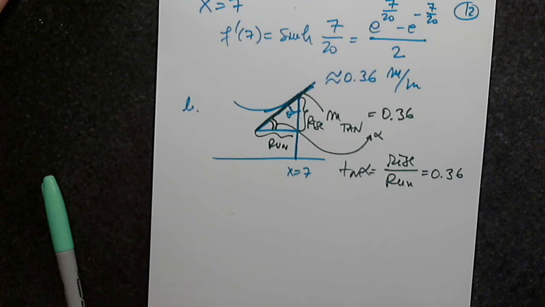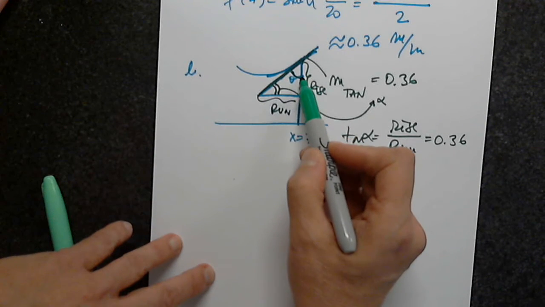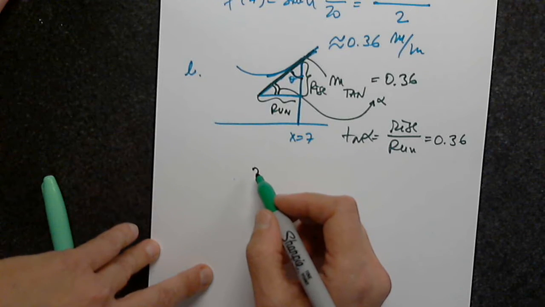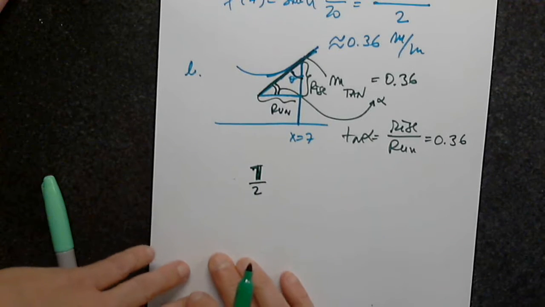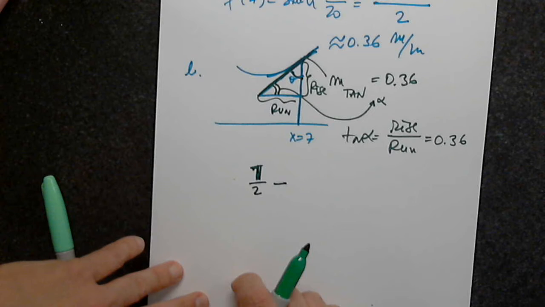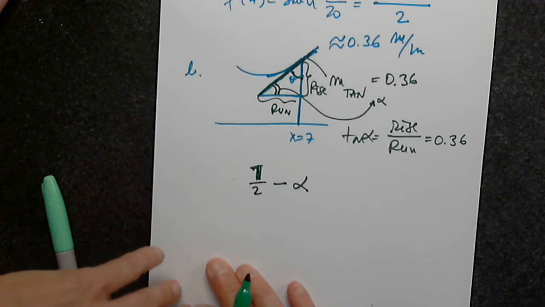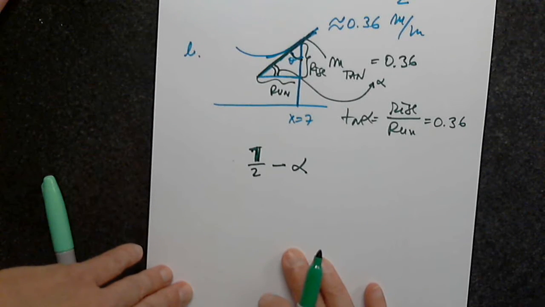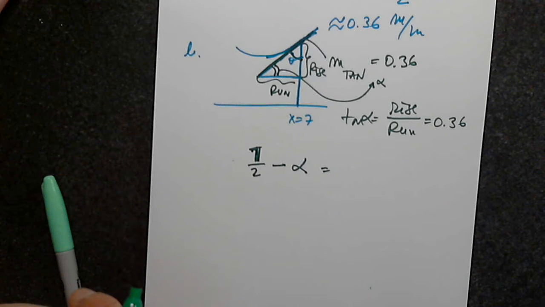Okay, so then how do I determine this angle? From 90 degrees, basically from pi over 2, I have to subtract this angle, alpha. I know that its tangent is 0.36. So from pi over 2, I subtract alpha.